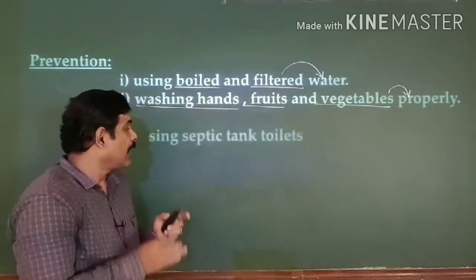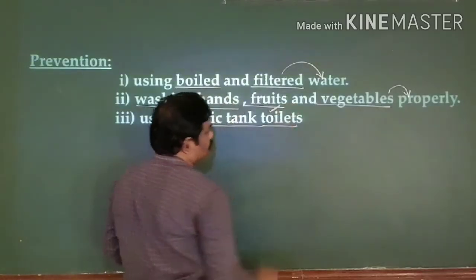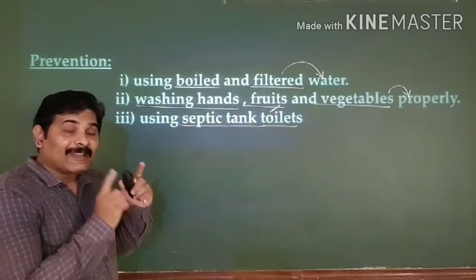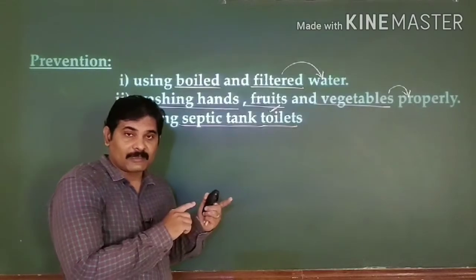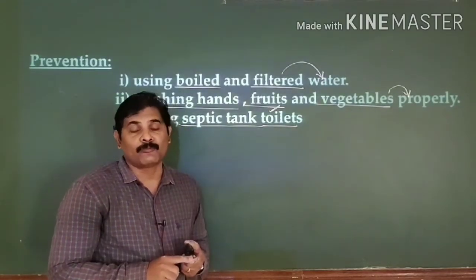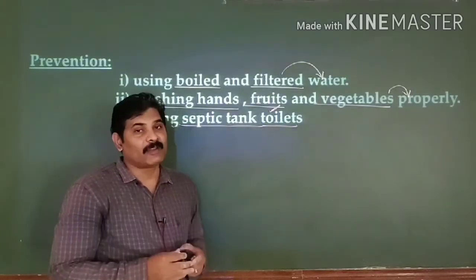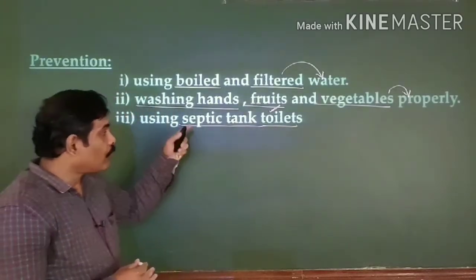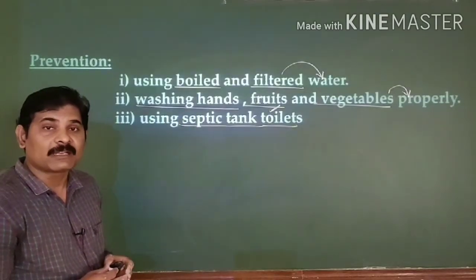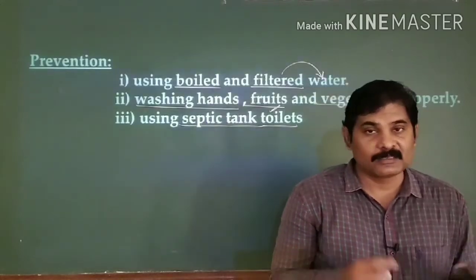So if you use septic tank toilets which are closed, the infective stages present in the fecal matter do not get an opportunity to come in contact with water and food material and with you also directly. So we can avoid the infection in such a way. So these are all the three different types of prophylaxis methods that help us prevent this disease. Is the point clear?